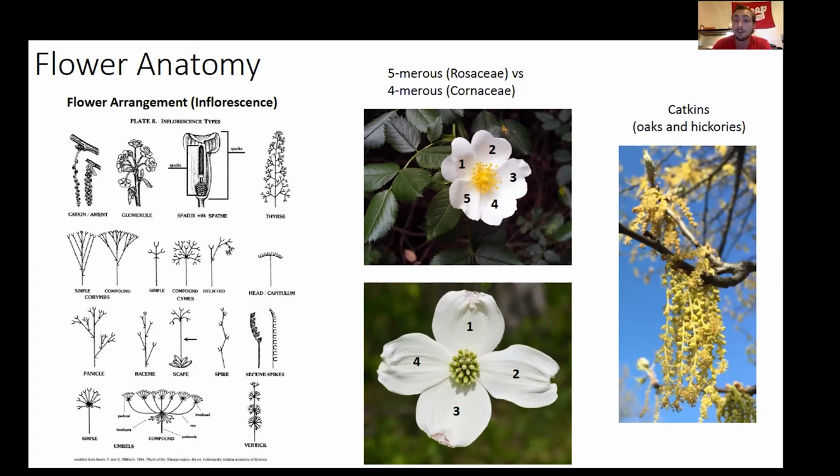Like 5 meris is our rose. Anything in the rose family is always going to be 5 meris, 5 petals, and anything in the dogwood family is always going to be 4 petaled. And then our catkins, which are a little bit different, are just drooping flowers that we see in oaks and hickories.